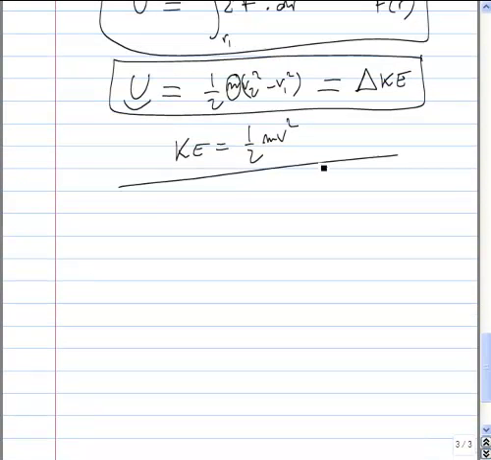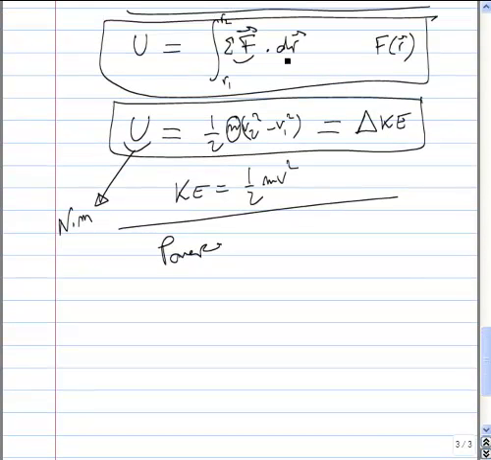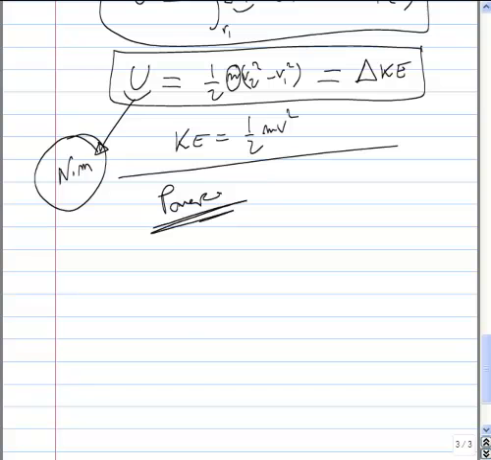Okay, power. So units for work is kilogram meters squared divided by second squared, or this is Newton, and this is meter, so the units for work has to be Newton meter. Power is nothing else than the rate at which work is being done.